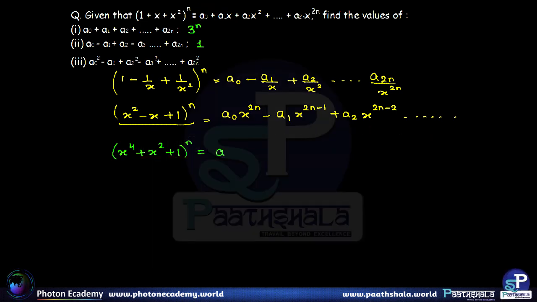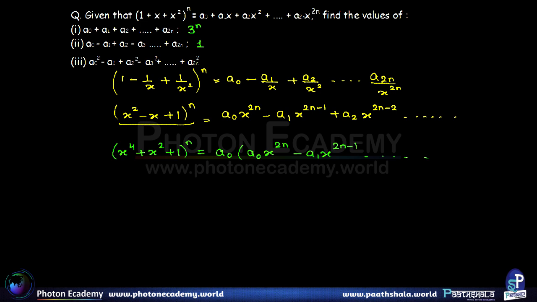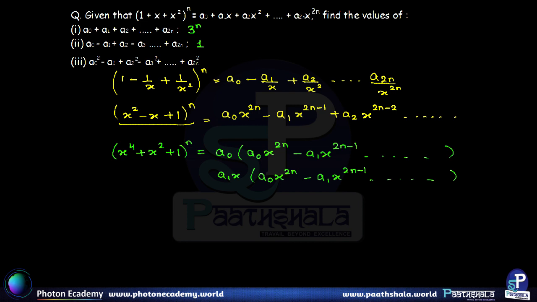So it will be a0 into a0 x raised to 2n minus a1 x raised to 2n minus 1, and so on. And then the next term is a1x, again a0 x raised to 2n minus a1 x raised to 2n minus 1. It goes on.